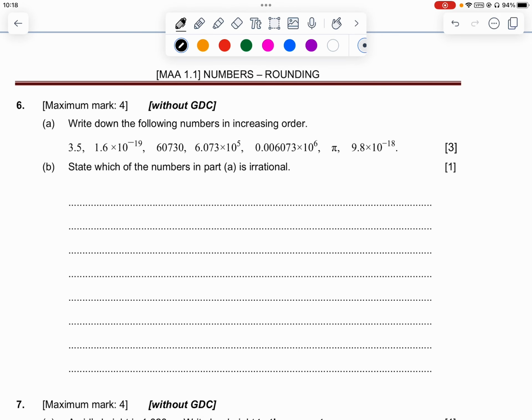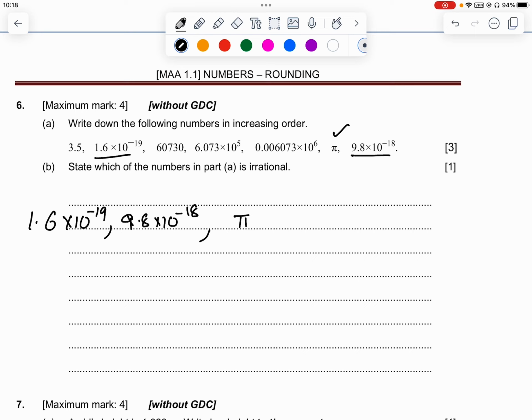Question number 6. Write down the following numbers in increasing order. The smallest number, we can see, is 10 power minus 19, which is 1.6 times 10 power minus 19. Minus 18 will be the next smallest number, 9.8 times 10 power negative 18. Then pi is the next biggest number.